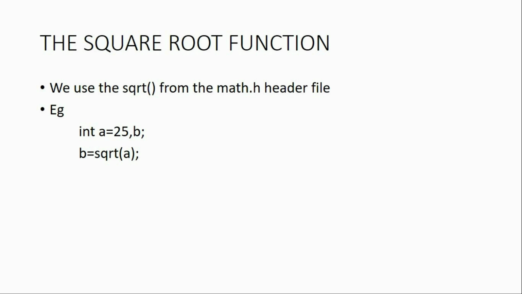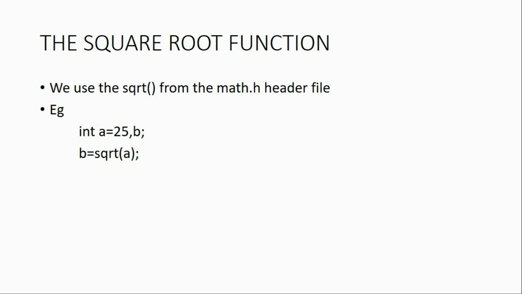Now b is equal to sqrt, open bracket, close bracket, inside that would be a. What this does is it calls the square root function. This function will automatically compute the square root of a and store it into the variable b. So if you cout b, you will get 5. That's how you calculate square root.